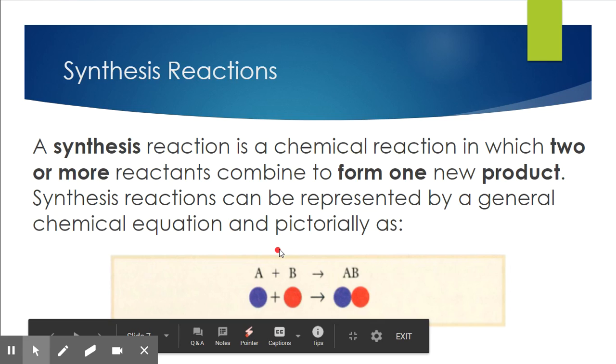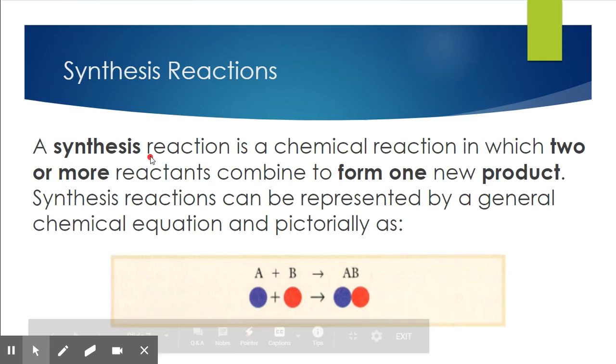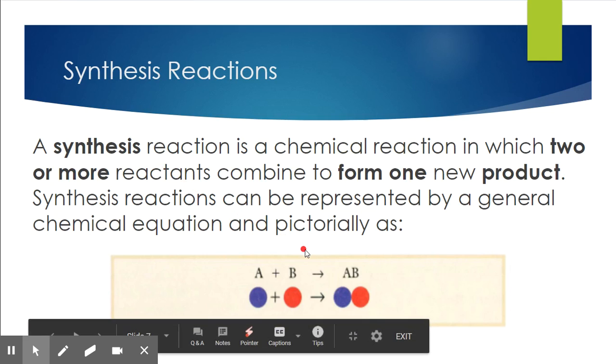My advice as you're going through is, if you have two elements, place an A and a B underneath them. Then if it yields AB, as in it yields a compound on the other side which is a combination of the A and the B, then you have what is known as a synthesis reaction. Okay, just as you're learning, sometimes it's helpful.